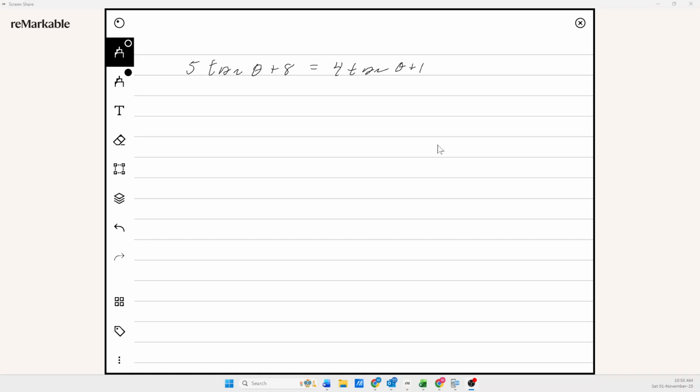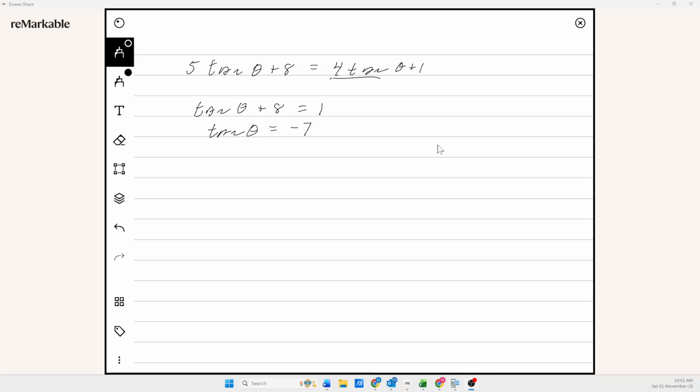What I need to do is get the tangent of theta all by itself. So I'm going to subtract 4 tangent from both sides, and that leaves me the tangent of theta plus 8 equals 1. Then the tangent of theta is equal to -7.